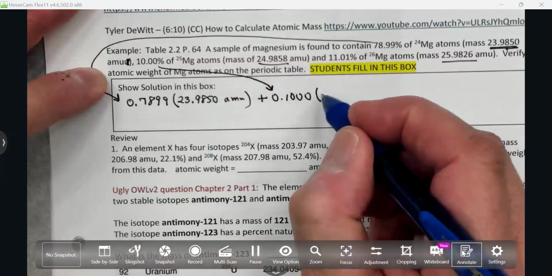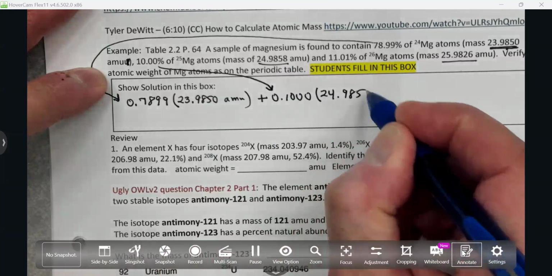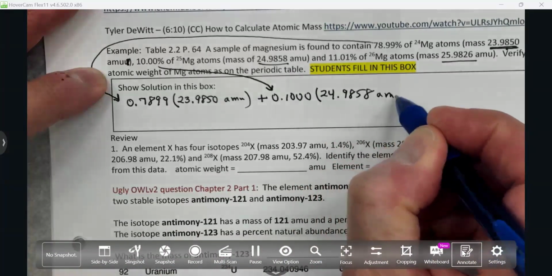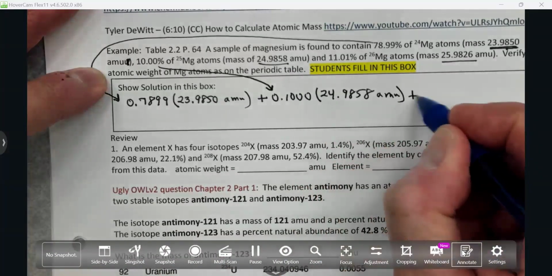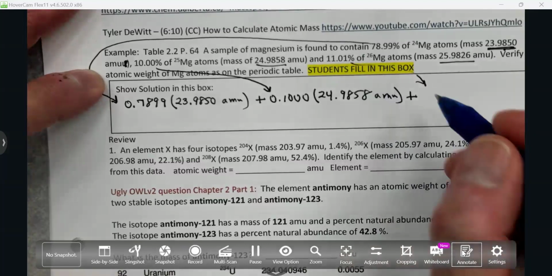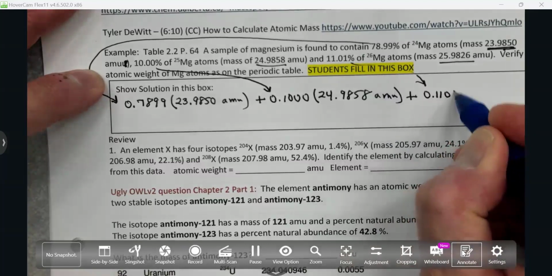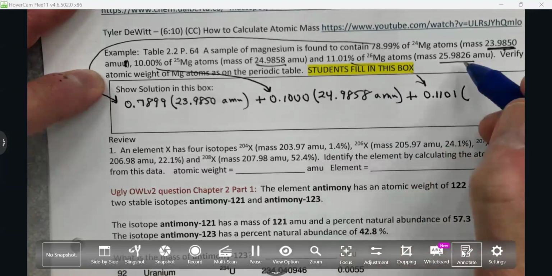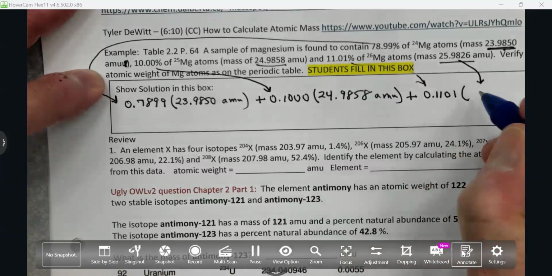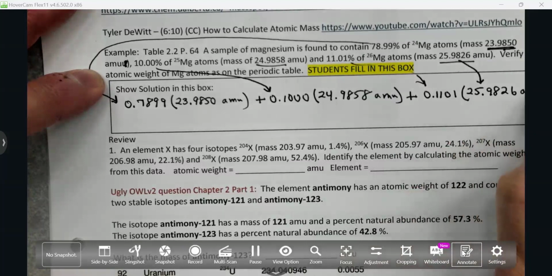The mass is 24.9858, plus 11.01% would be 0.1101 times 25.9826.